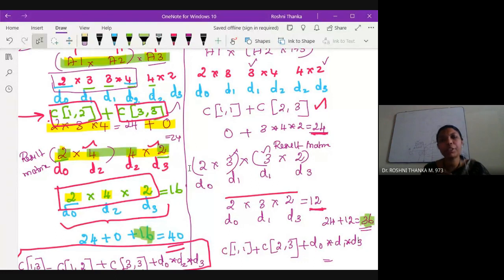When I have a huge number of matrices with very big dimensions, if we concentrate on it, we can reduce a lot of cost, which means a lot of multiplication can be reduced if you find the best. So here dynamic programming means, as I said, we have to see all possibilities, and from that we have to choose the best.